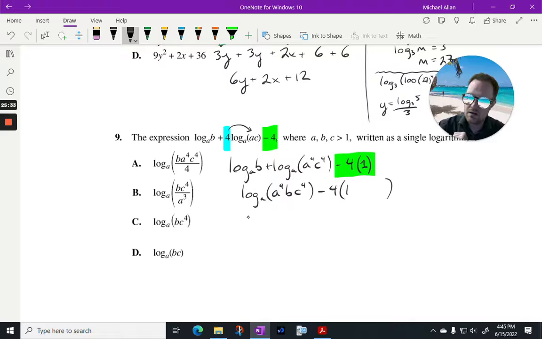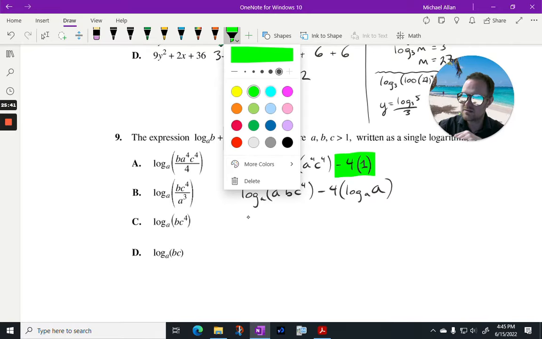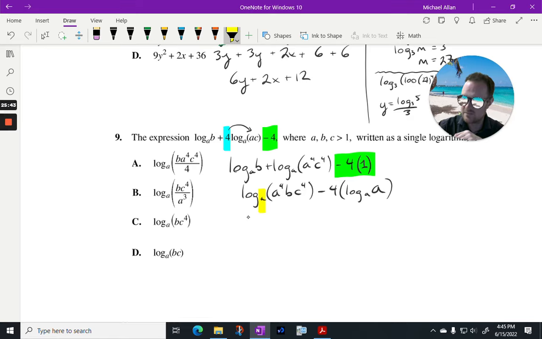Well, log base any number of the same number. We're going to pick a because they used a here. So I want to make sure the bases match so I can combine them together. But log base a of a, 4 of 4, 5 of 5, whatever, they're all going to be just equal to 1. So I can add any log I want in there because it's just 1.